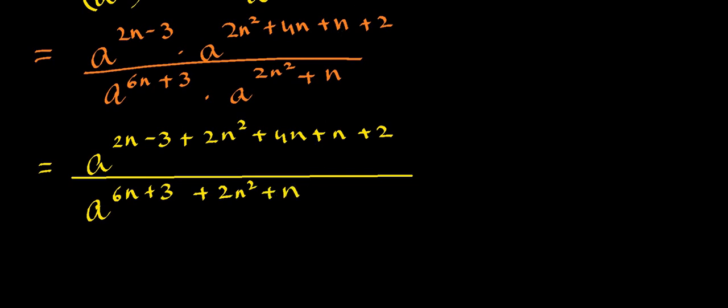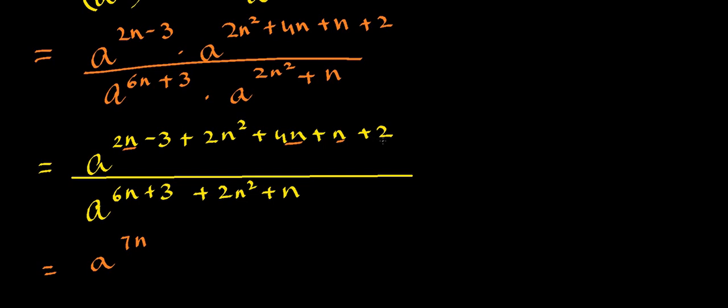Now what happens over here? We get a raised to 2n plus 4n. We have common terms over here, 3 common terms. 2n plus 4n plus n will give us 7n, minus 3 plus 2.